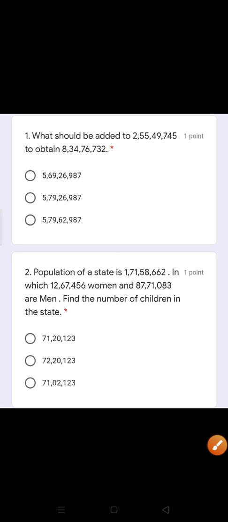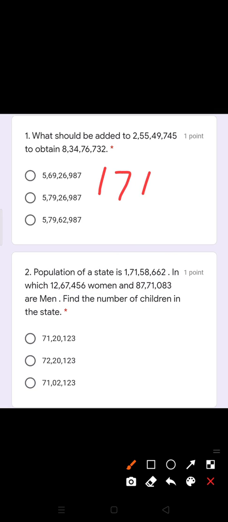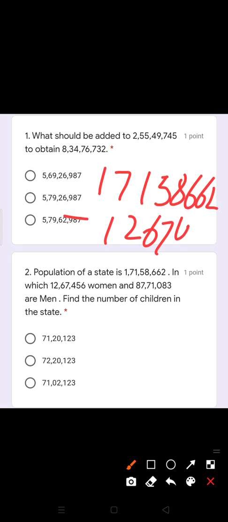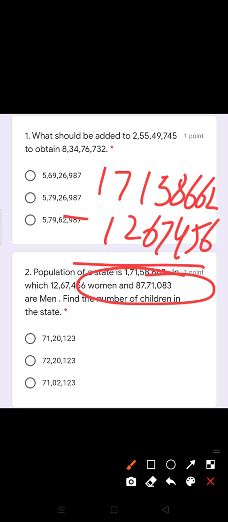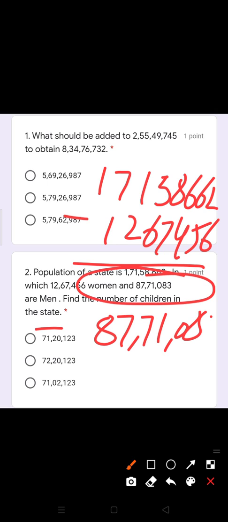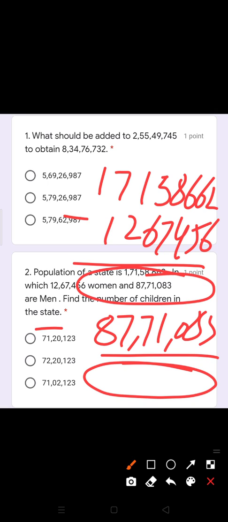It means first we are going to subtract number of women from the total population, which is 12 lakhs 67,456, and then you will get one answer. And after that you will subtract the number of men from your answer, and then you get your final answer and the number of children.